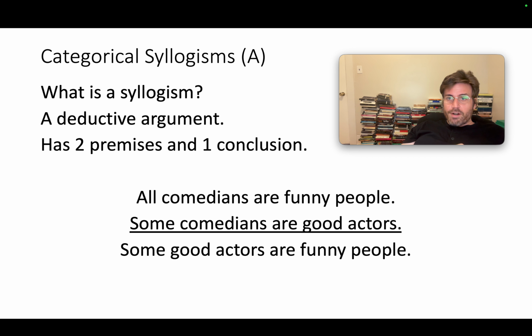What categories are these? The first sentence looks like a universal affirmative to me, right? That is an A proposition, where the subject term is comedians and the predicate term is funny people. And then we have a quality of affirmation.